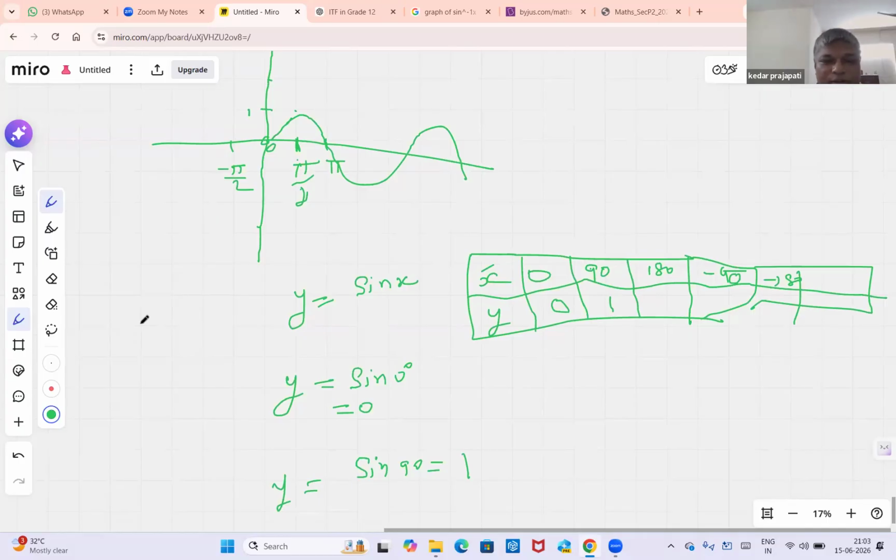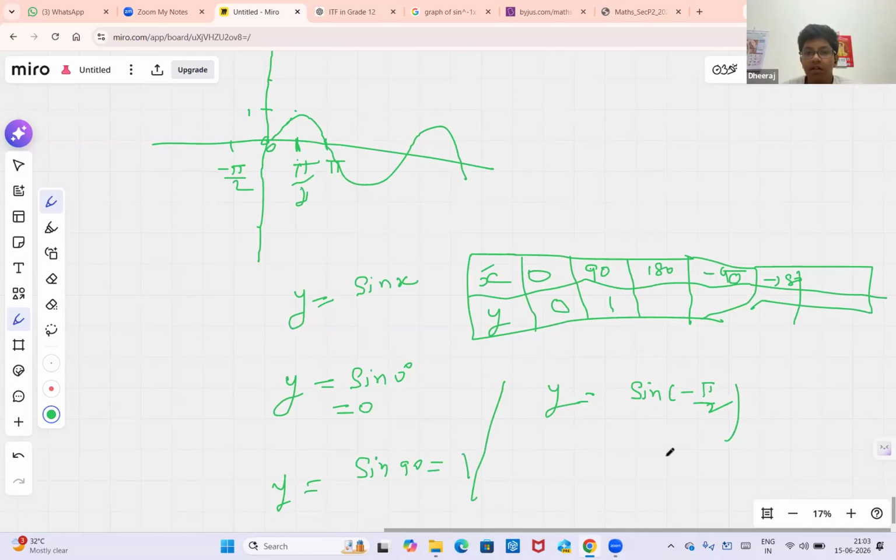So you'll see what will happen if you're putting y equal to sine x, x equal to minus pi by 2. Sine minus theta is how much? Minus sine theta. Right?